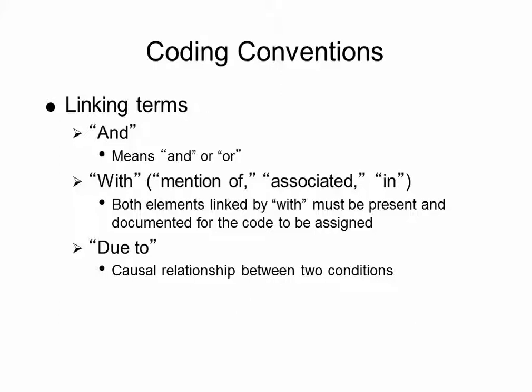So you have to be very careful when you're reading and make sure that you're using it in the right context, because and can mean and, or it can mean or. With can be interpreted as mention of, associated with, associated in.